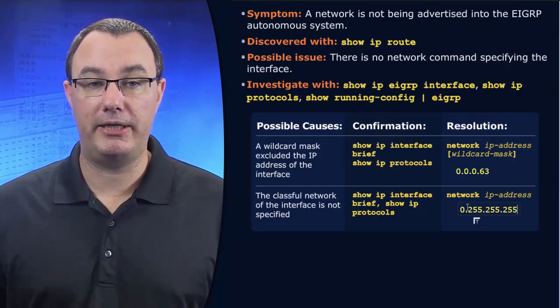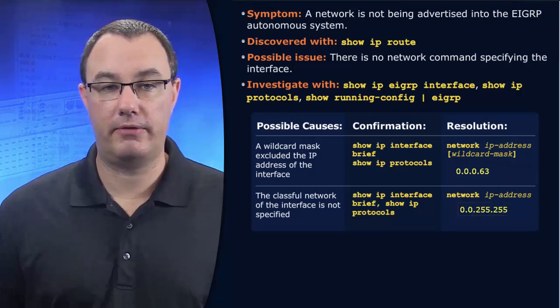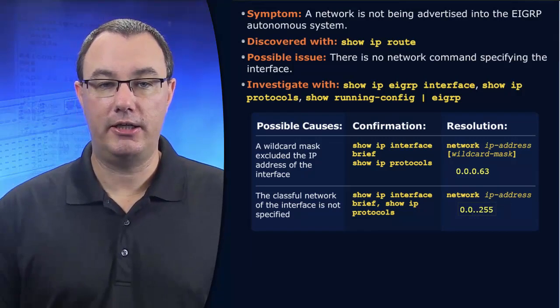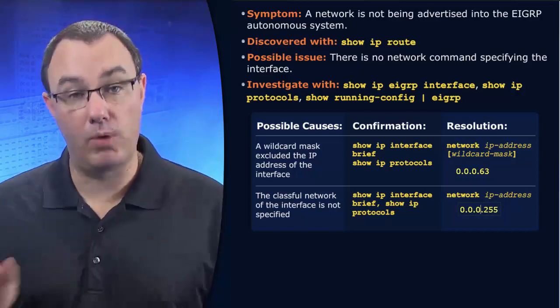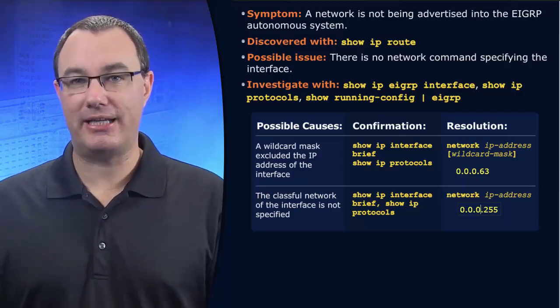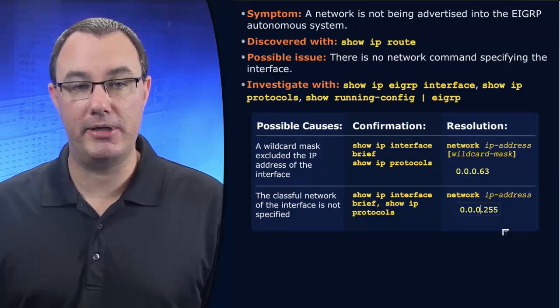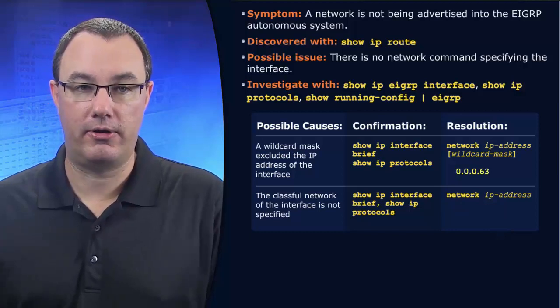If it were class B, then you would see something like 0.0.255.255. If it were class C, the wildcard mask operation, if one were not put in, would be this. But you don't see that. That's implied by the omission of the wildcard mask.